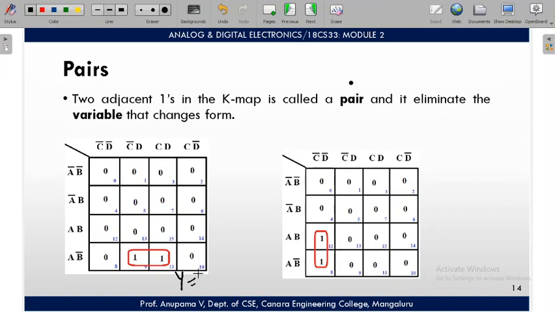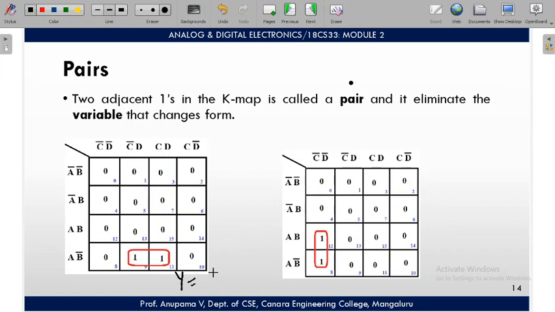So, the resultant will be Y is equal to, go to the row and see the row in which the pair lies. The pair lies in row 4, that is A B complement is the variable.